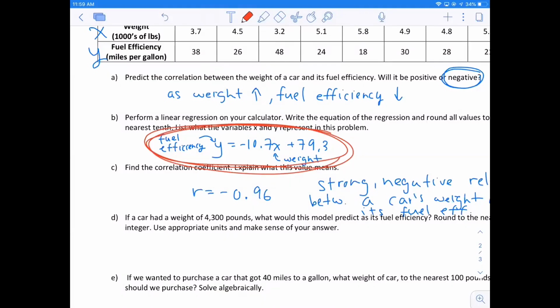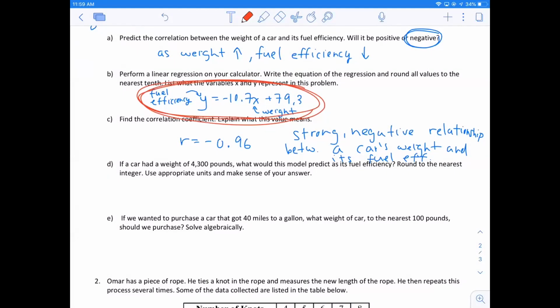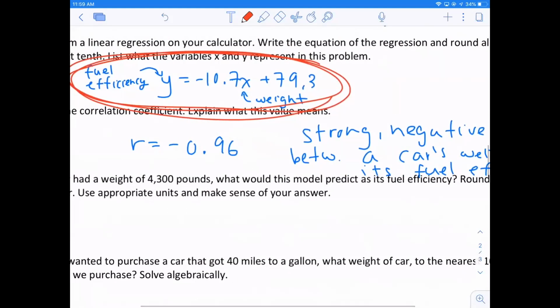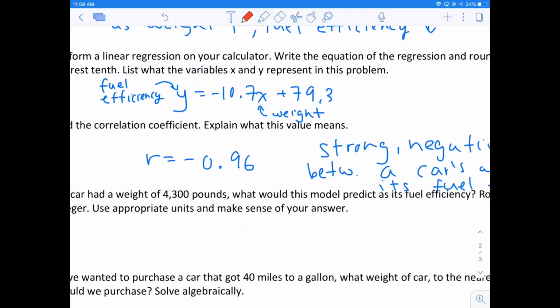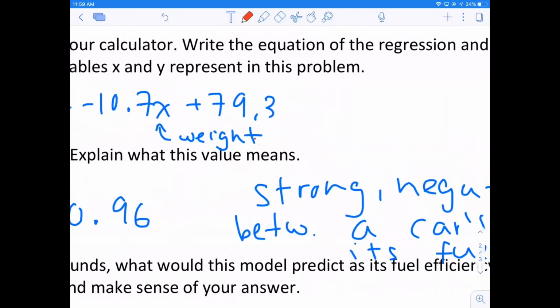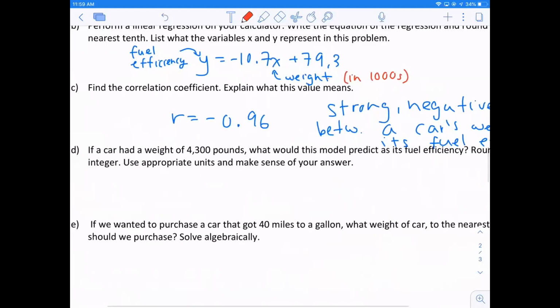All right, so if a car had a weight of 4,300 pounds, what would this model predict as its fuel efficiency? So I'm going to plug in 4,300 for the weight, which is the X value. But we got to be real careful. This was weight in thousands. So don't plug in 4,300.